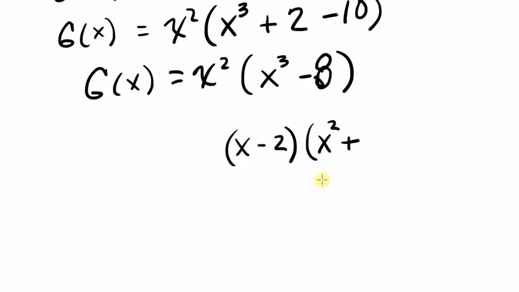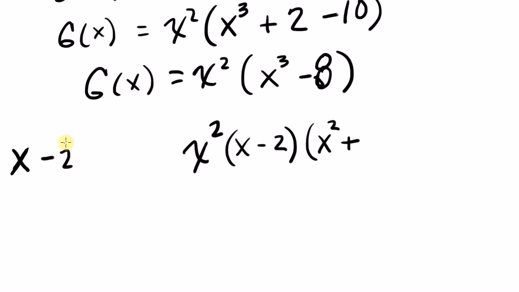And just realize that if you don't know the formula for it, to factor a perfect cube, you take the cube root of it, which is going to be x minus the cube root of that, which is 2, right, which was what we had here.